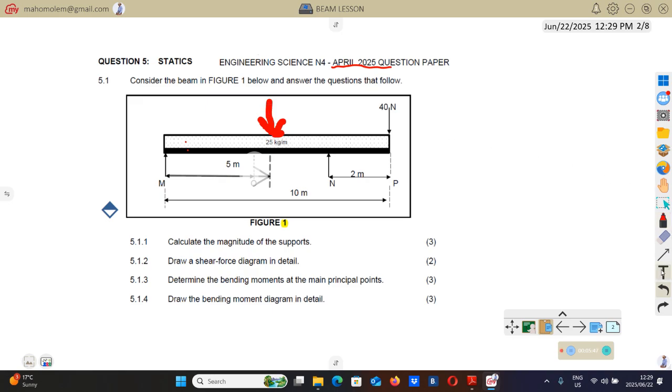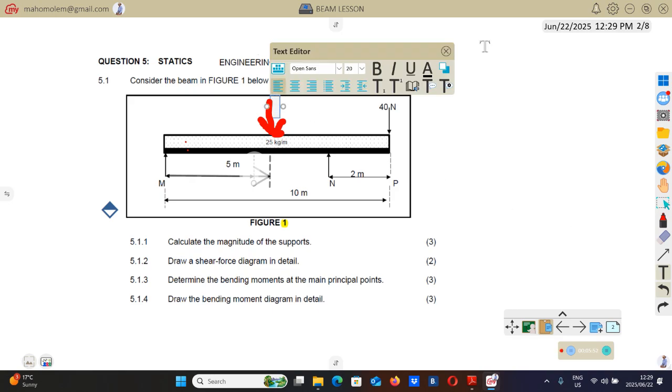Then the magnitude of this force, which is the total weight of this beam, you will get by saying 25 multiplied by, remember this 25 is in kg, we have to convert that to weight, so you multiply by 9.81, and this will be the weight per meter length.